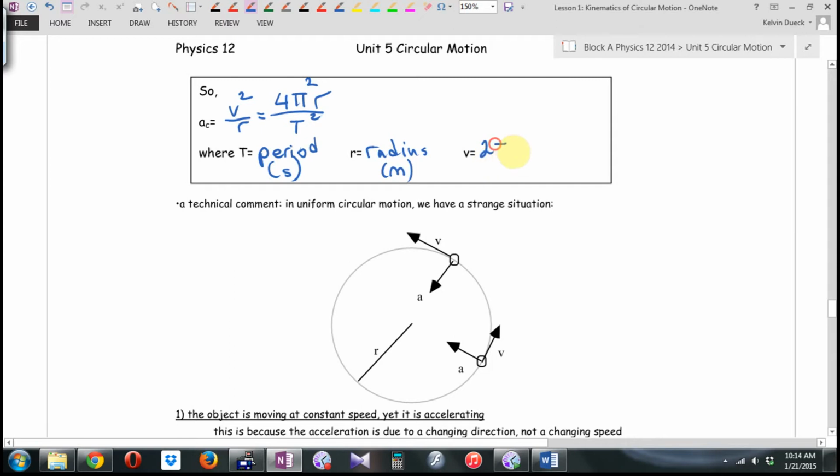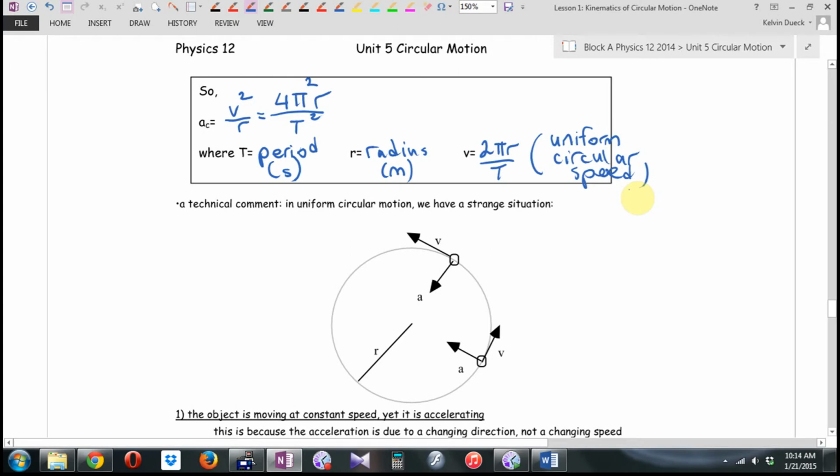It is 2 pi r over the period, and it is the uniform circular speed, constant speed.